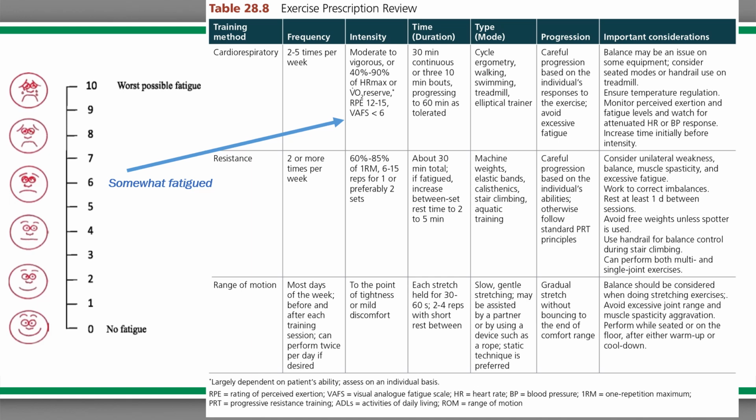Be mindful of the range of motion, and be careful with fatigue and utilize safe techniques. Machines are probably going to be better than free weights, or bands are probably going to be better than free weights, as someone progresses in their disease.